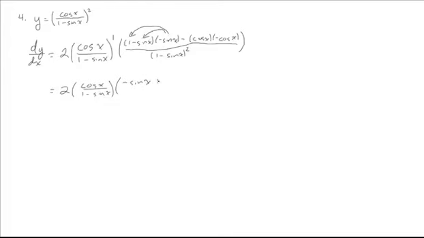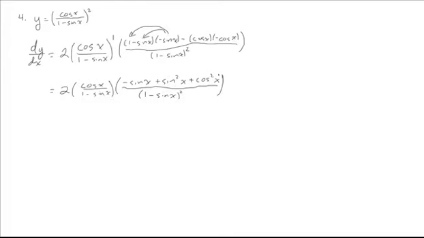Negative sine x times negative sine x is going to give plus sine squared x. And then here we've got a negative cosine x times a negative cosine x, so plus cosine squared x. All over 1 minus sine x, the quantity squared.